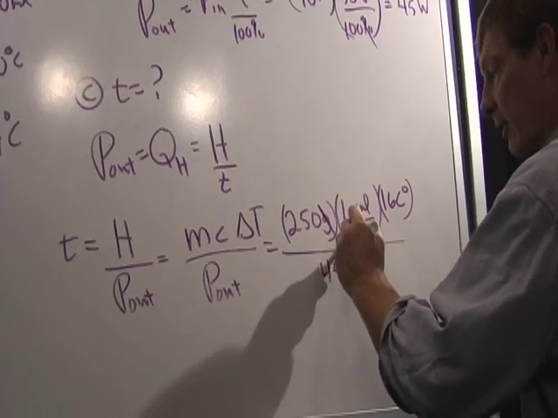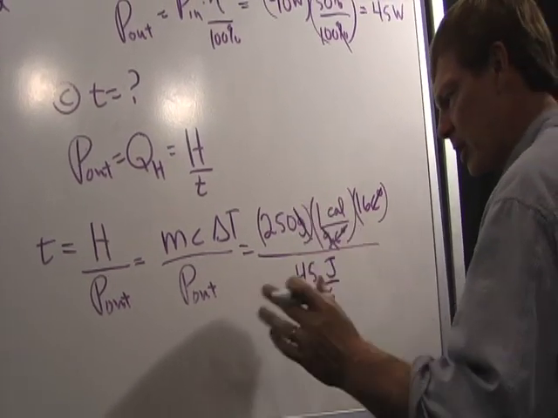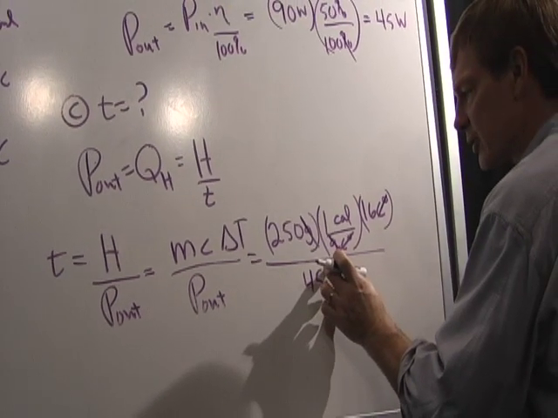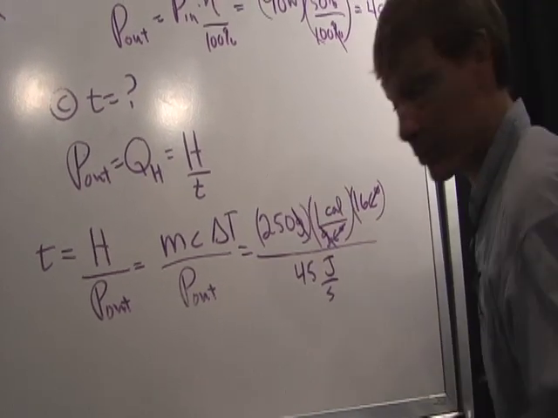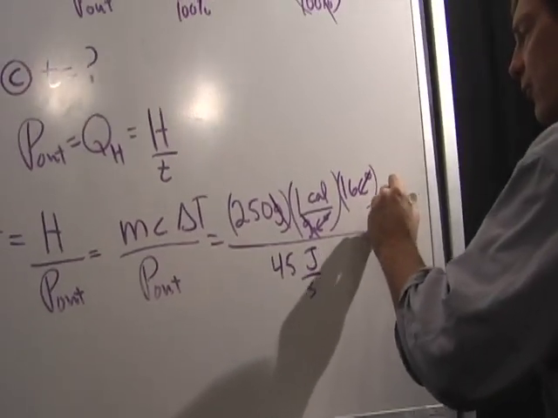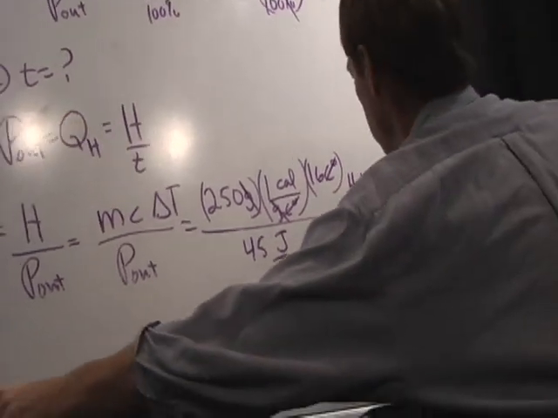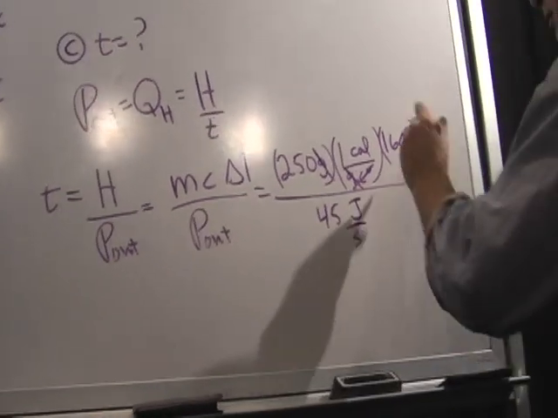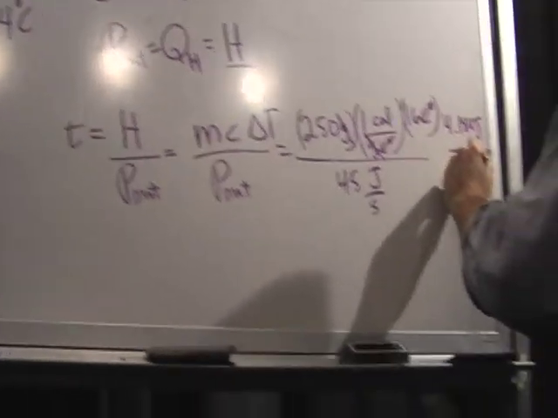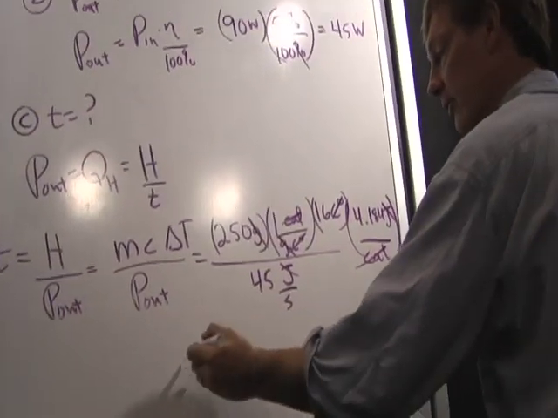Okay, so I got rid of my grams, my Celsius degrees cancel. I'm looking for a time. 1 over seconds is seconds, but I got 2 units of energy. I got joules here and calories here. I got to get rid of these things. So let's see, there are 4.184 joules in a calorie. Will that work? Joules will cancel, calories will cancel, I'll get seconds.